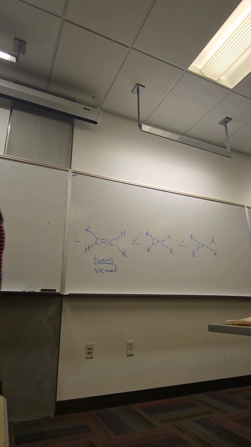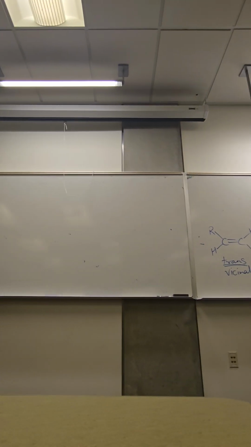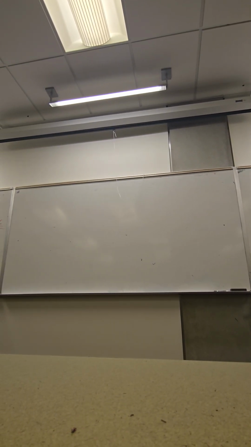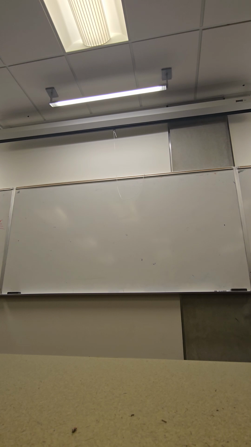Okay, let's do this. So that is regioselectivity, Zaitsev's rule. The more stable alkene is the major product, that's regioselectivity decided by Zaitsev's rule. Go ahead, make this model for me.